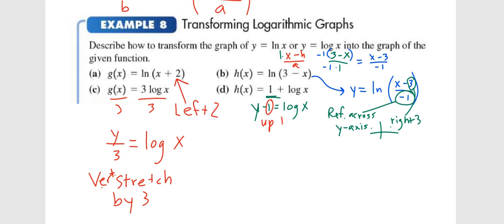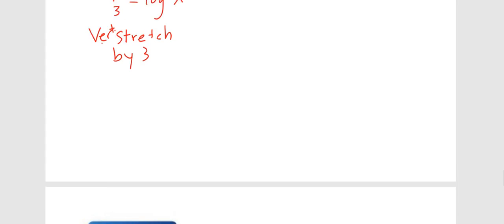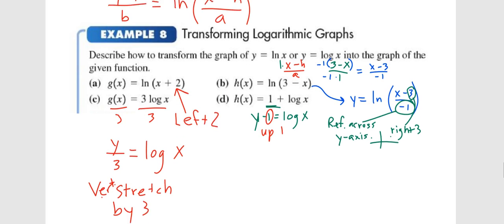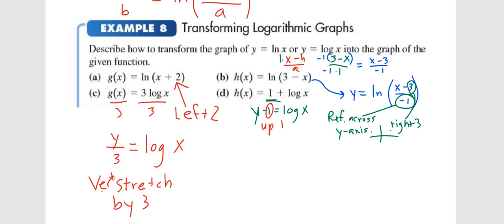So if I would ask you for the picture on A, we wanted to move it left 2. I would expect that you would have a basic looking picture moving left 2.